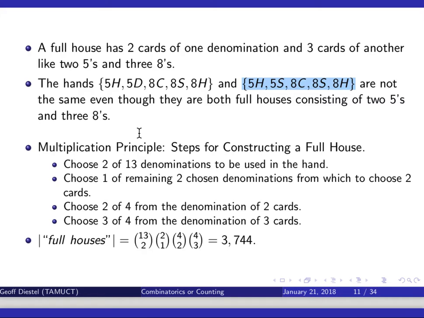So again, we imagine going through the deck of cards and defining a step-by-step process of how we'd have to make a choice to construct a specific full house hand, but always keep track of how many different ways we could have made that choice. So each step of our process is like drawing branches of a tree diagram, and then once we make one of those choices, we have the next choice, which creates more branches off of that diagram.